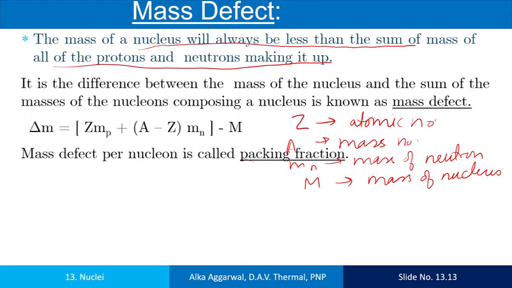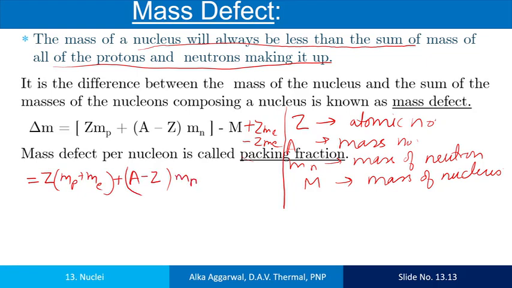Now, we can calculate the mass defect by modifying this equation. If I add and subtract the mass of the electron in this equation and rewrite it, taking Z common, Mp plus Me, plus A minus Z, the number of neutrons multiplied by the mass of a neutron, minus the mass of the nucleus of the given atom minus Z times the mass of an electron.